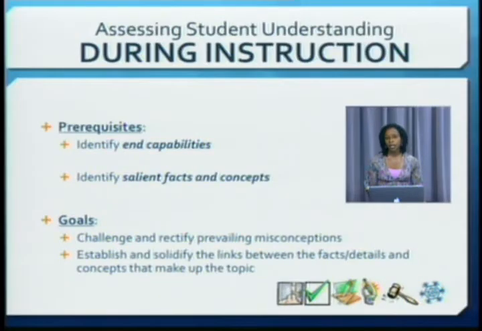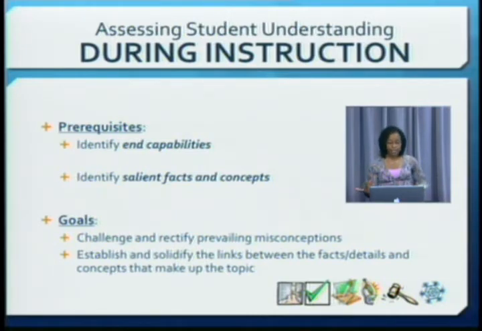Because knowing XYZ will allow them to do whatever it is that you've identified that they need to be able to do. And so those might be going back to the essential skills, or the Common Core, or state standards, whatever it might be. You know what your foundation is going to be. So going into the instructional portion is going to be a lot easier when you have that understanding.